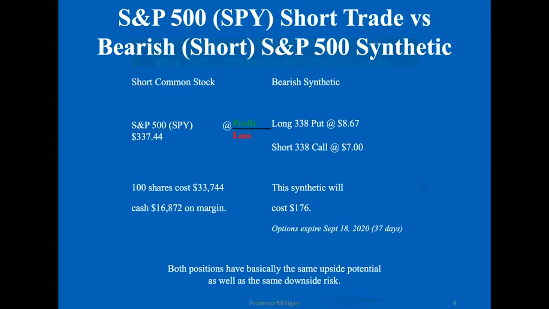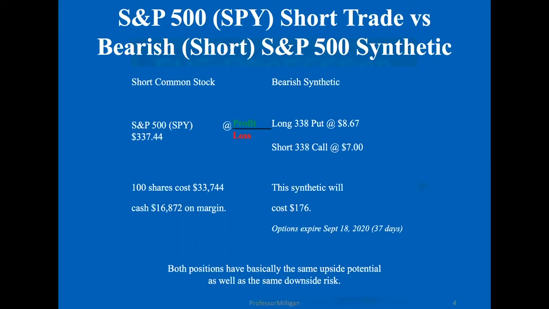On the left, you're going to see our short position on the SPY, the S&P 500. On 100 shares, on margin, which is what's required, you have to put down $16,872. And again, the cash is $33,744. On our synthetic side now, because we're bearish and puts go up as the value of the underlying asset goes down, we're going to be long the put, the 338 put.